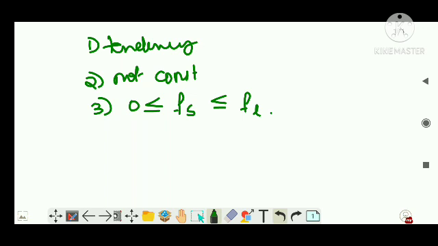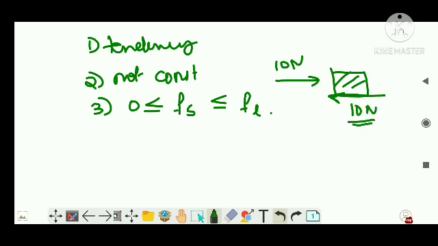See, suppose this is a block, right? I applied 10 Newton, right? Then let's say the limiting friction is 10 Newton, meaning this is the limit of the friction which can be applied by the object so that the object doesn't move. That is on the brink of non-motion, or the brink of rest.